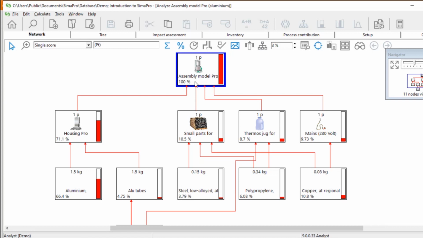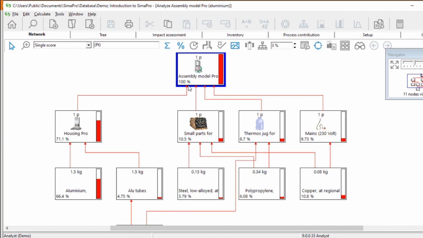So assembly model 100%, for the aluminum one, and housing comprises 71% of the environmental load. You can see here: small parts 10%, thermos jug 8%, and mains cables, the electric cables, 9.73%.